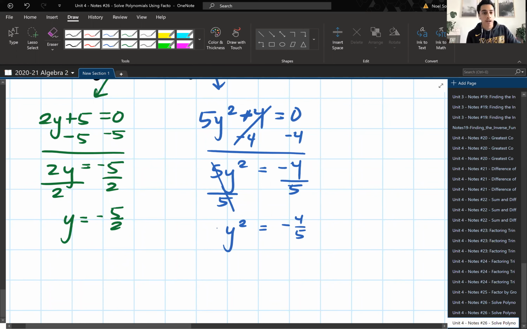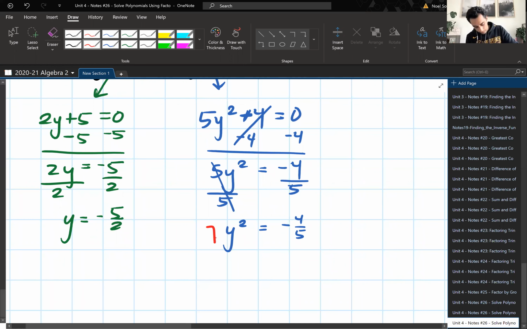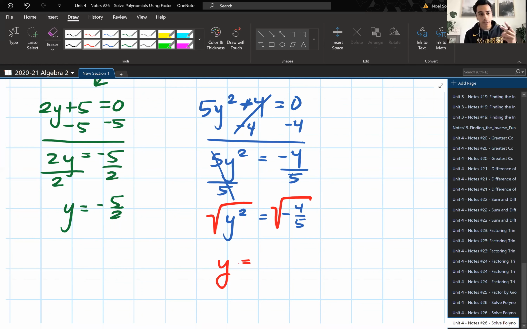What do I need to apply in order to get y by itself? Yeah, we need to apply the square root. Y squared taken to the square root, that leaves us just with y. Now here's something I hope you guys remember. If I take the square root, I basically generate a positive and a negative of that value.